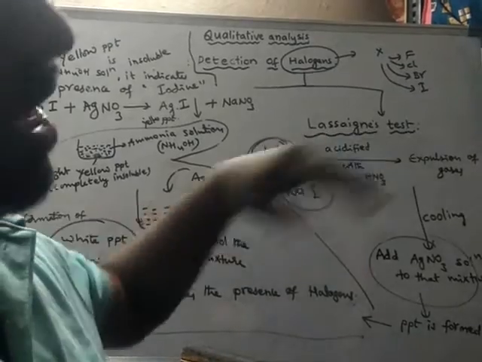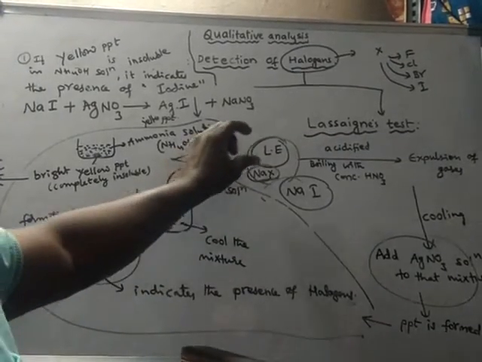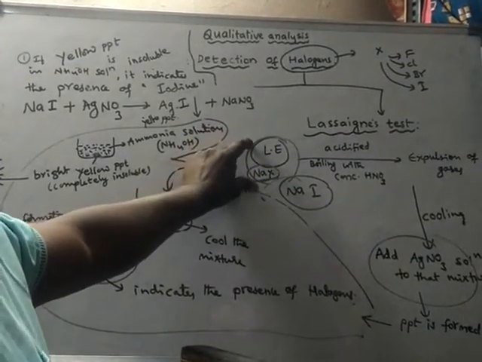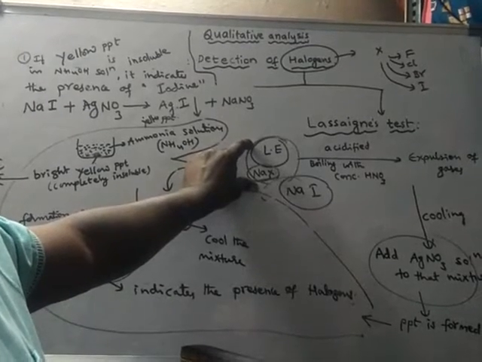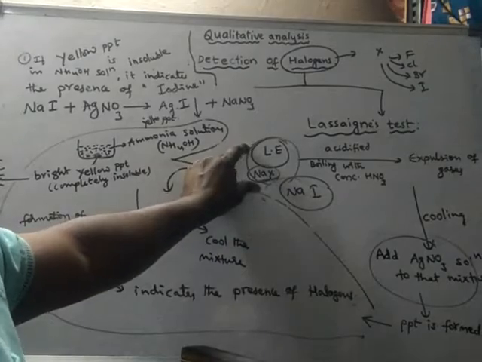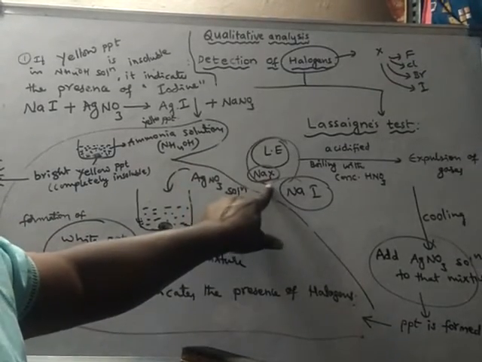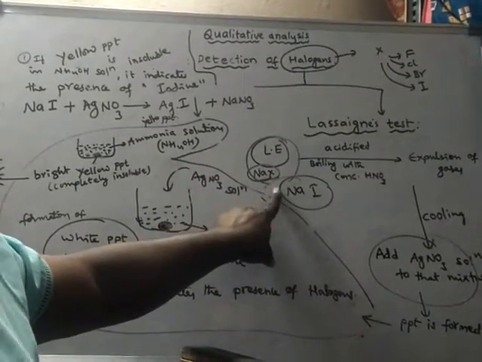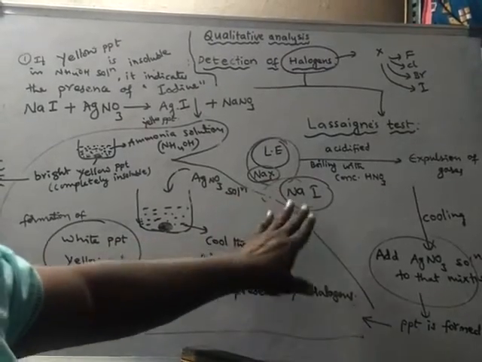In the process of Lassaigne's test, the first step is to prepare Lassaigne's extract. If halogen is present in the extract, it will be in the form of sodium halide. It may be sodium chloride, sodium bromide or sodium iodide.